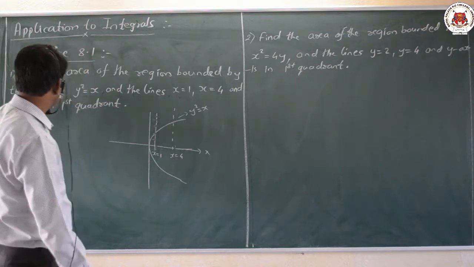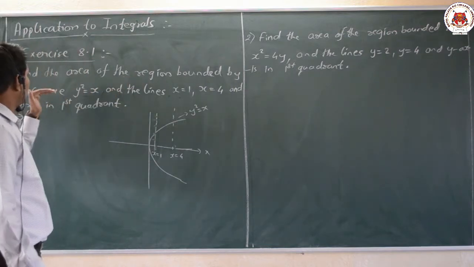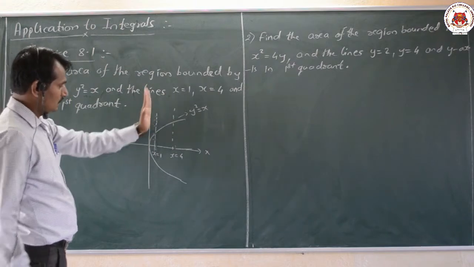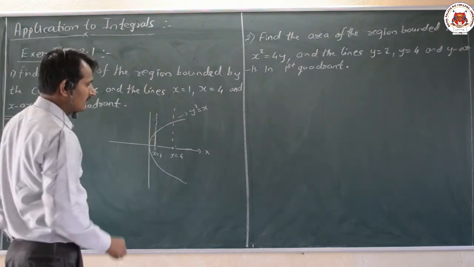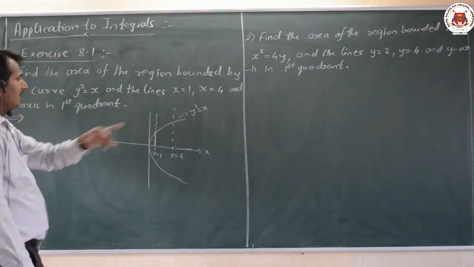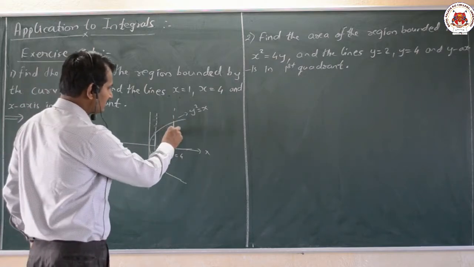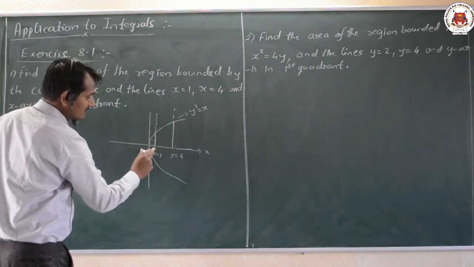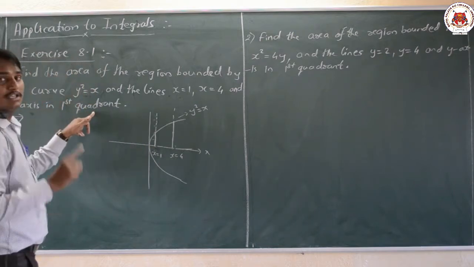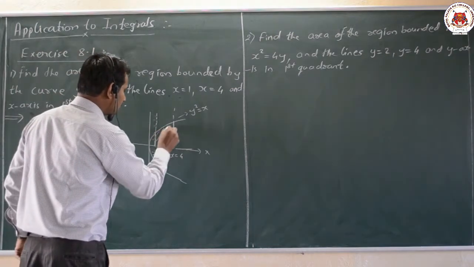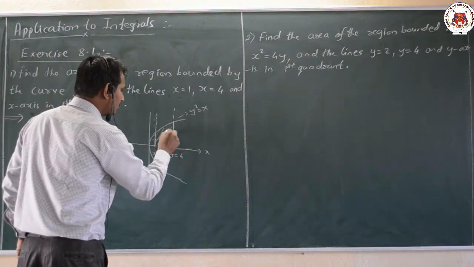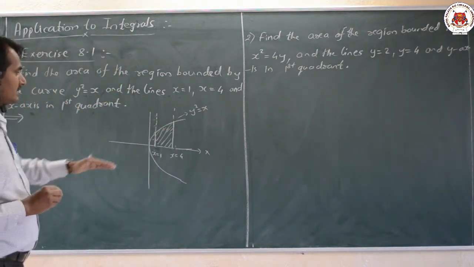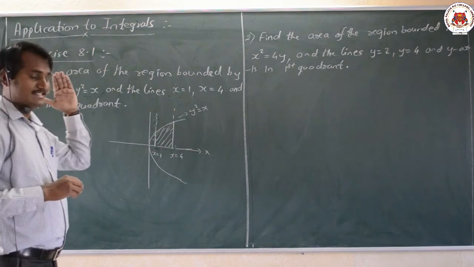Now, what we require to find is the area of the region bounded by the curve, the lines x equal to 1 and x equal to 4, and the x-axis, only in the first quadrant. That means, dear students, I require to find this particular region, that is, the area under the curve with respect to the x-axis.